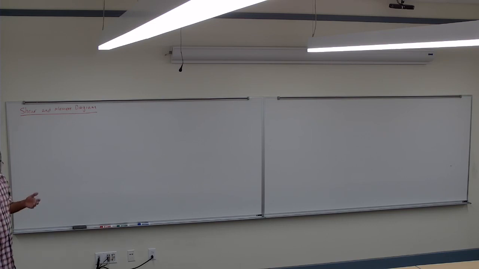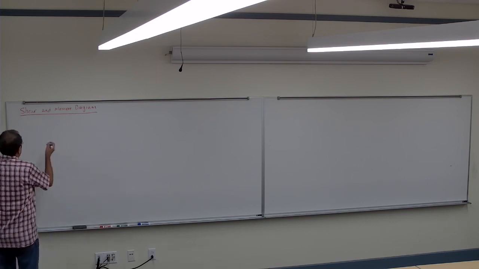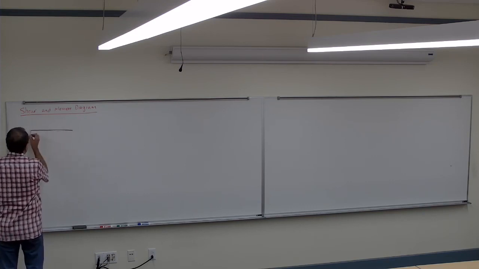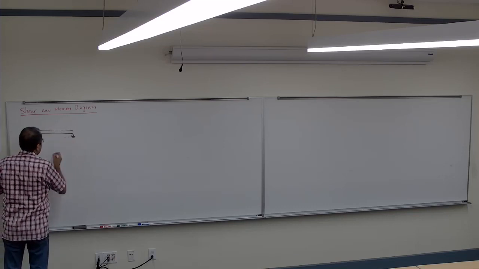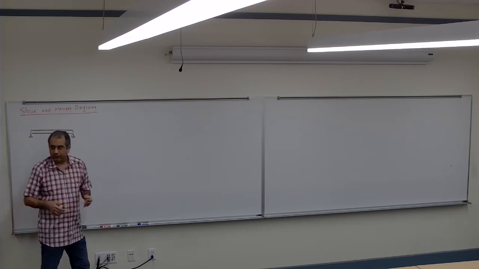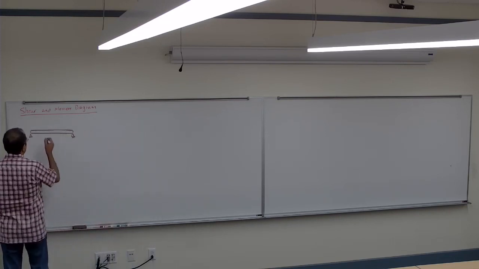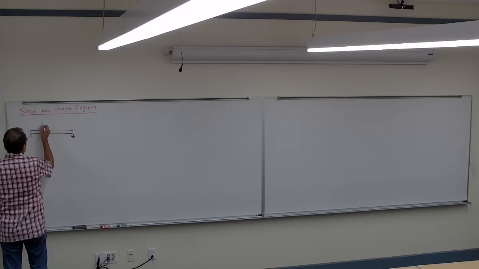Just very quickly, a reminder of what we had before. If I have a beam like this, and there is a force applying somewhere on that beam, assume there's a force applying here.